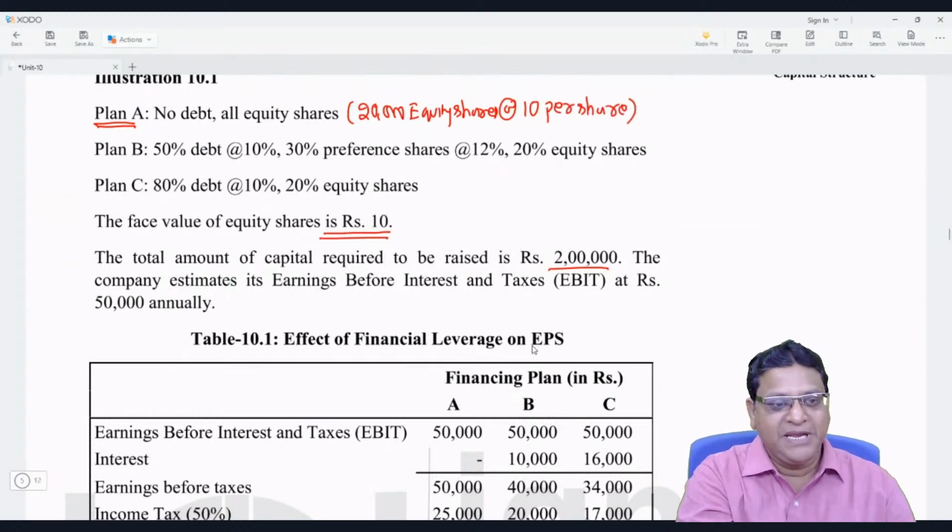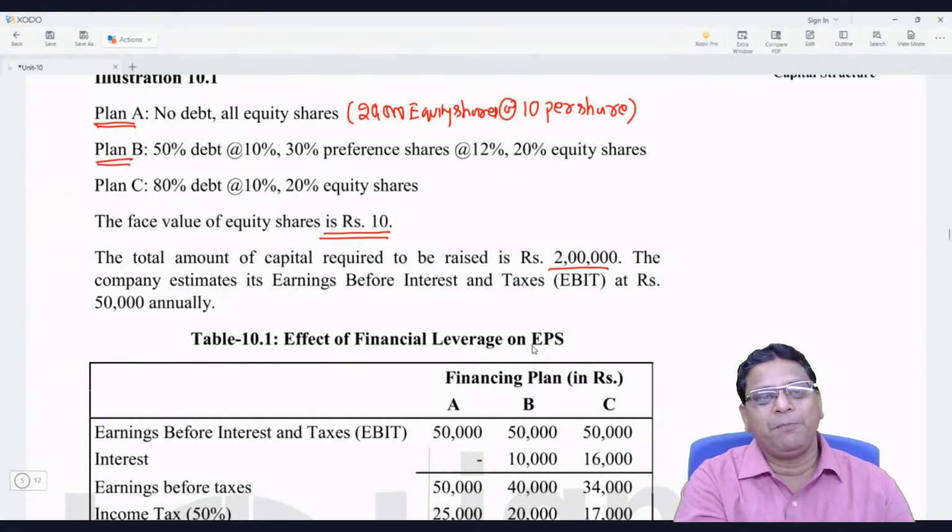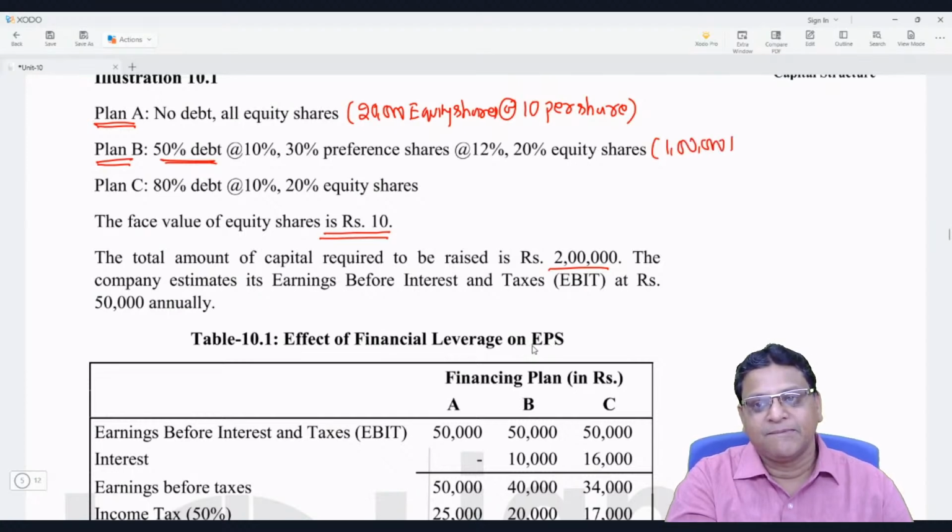What is plan B? In plan B, the company will use 50% debt. 50% debt means how much debt? 1 lakh rupees debt. Plus, it will use 30% preference share. 30% of the total requirement of 2 lakh means 60,000 rupees preference share.